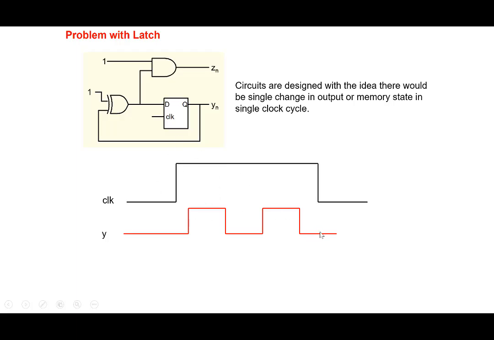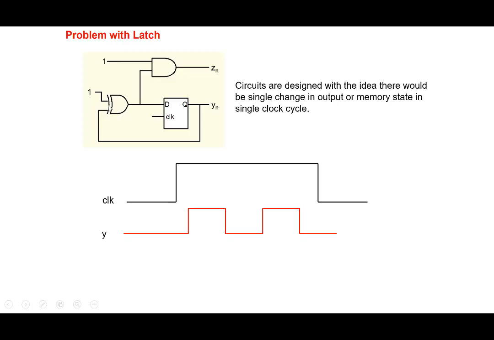Because the moment the clock goes to 0, the latch stops responding to any change in the input. So the moment the clock goes to 0, will it be equal to 0? Well, that depends on what the delay of this particular circuit is, right?